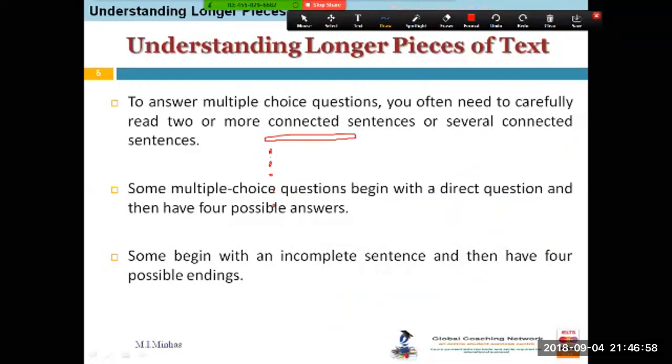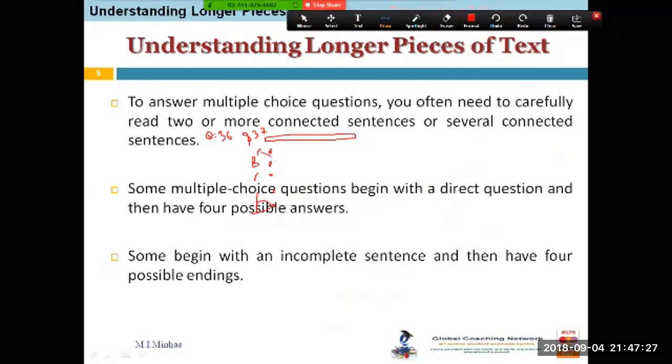Now, before this, there will be a question written like question number 36 and 37. That means on your answer booklet, you would write the two answers here.